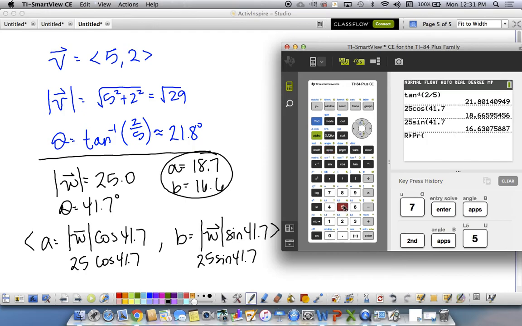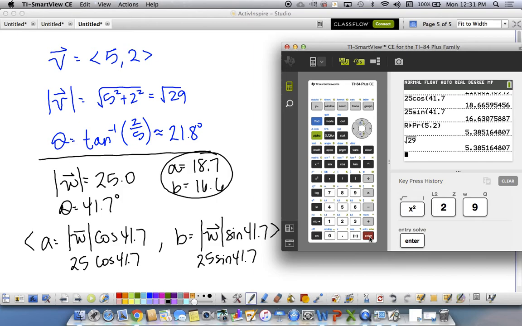If you hit number 5, R, arrow, PR, and put in 5, comma, 2, it's going to be 5.38. What about the square root of 29? It's the same number. So R, arrow, PR will give me the magnitude.